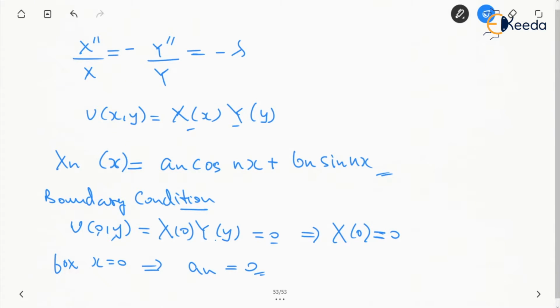If a_n is 0, similarly, let's discuss the second condition also before concluding anything. So once a_n is 0, we will be left with b_n. X_n of x becomes, for a_n equal to 0, sin nx, right?